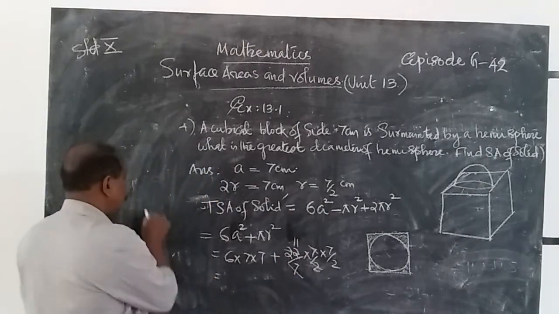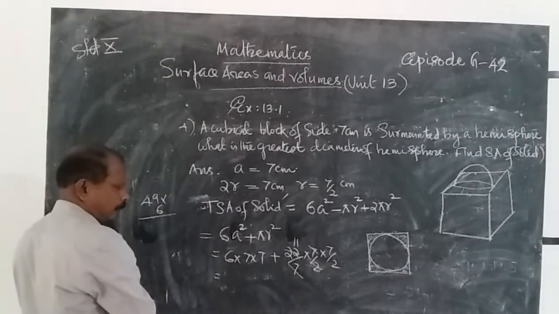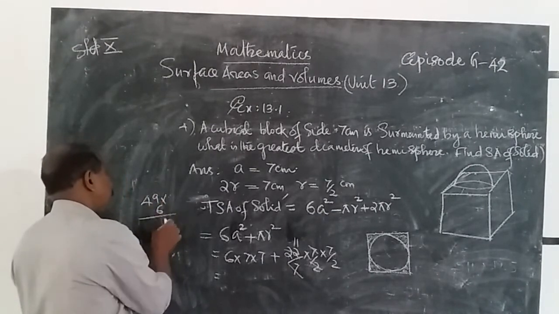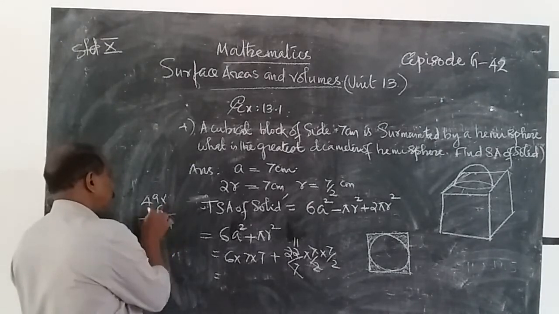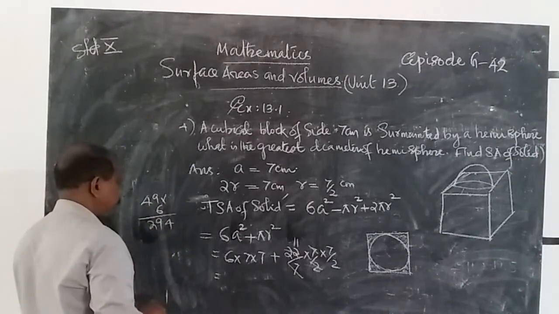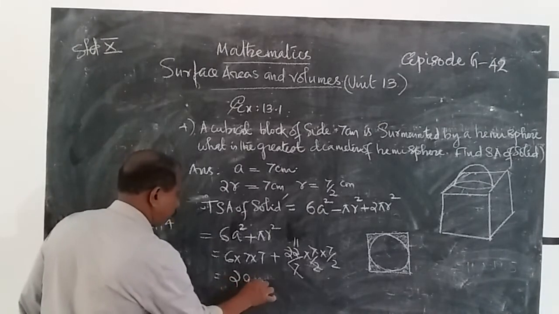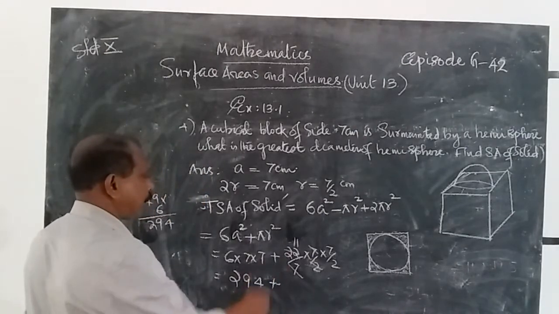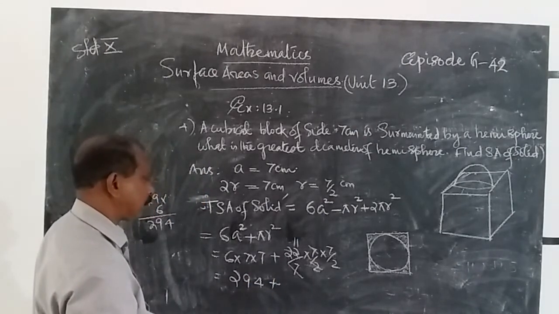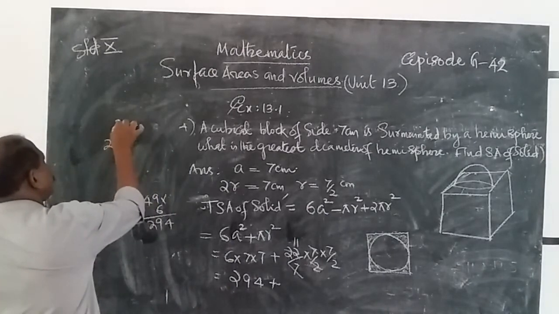That is equal to 49 into 6, is equal to 294 plus 11 into 7, that is 77, 77 by 2.